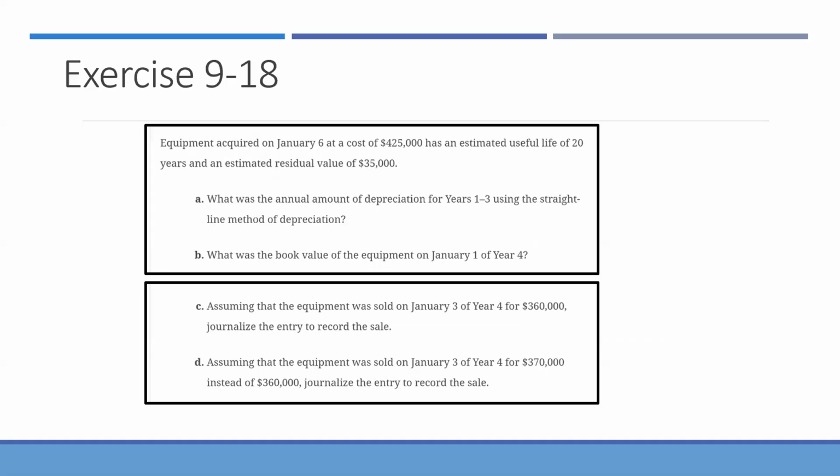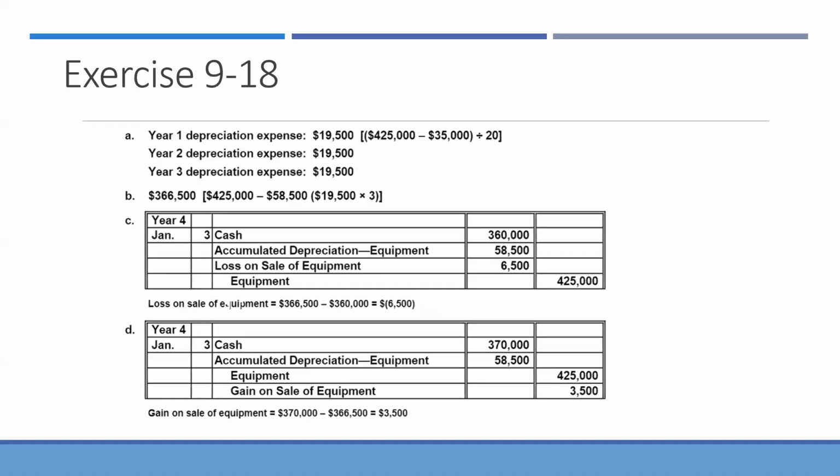And so equipment acquired on January 6th, cost of 425,000 has a 20-year useful life, residual value of 35,000. And then we're selling it January 3rd of year 4 for $360,000 and recording the journal entry if it was 360,000 or 370,000.